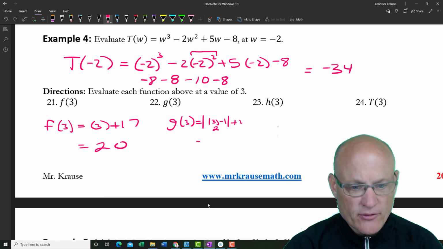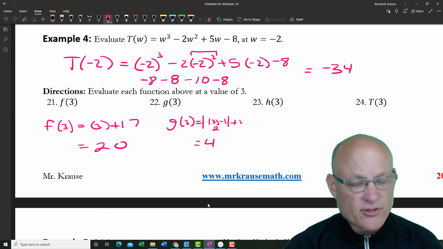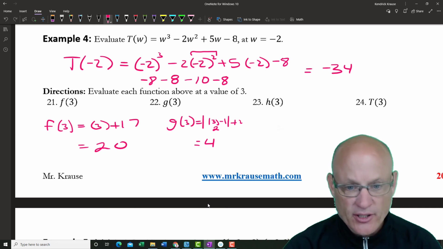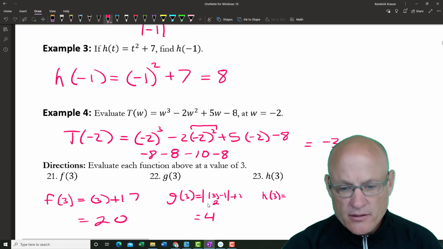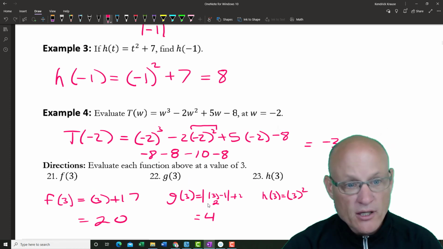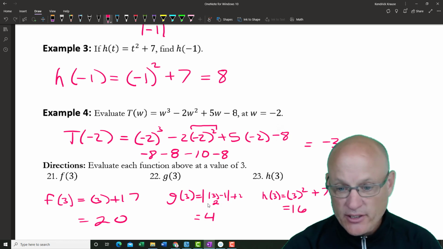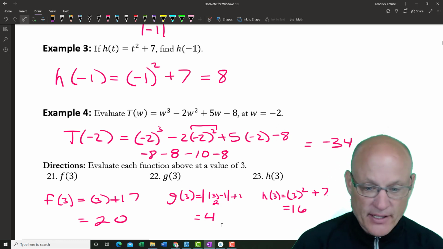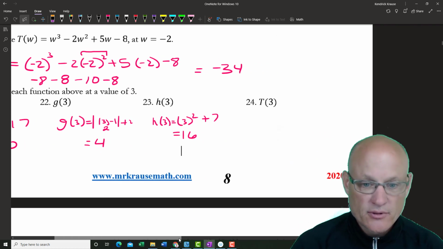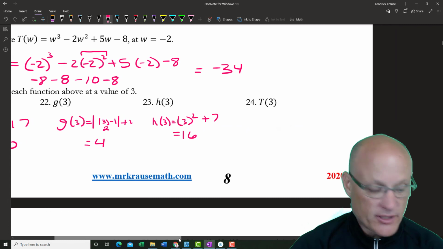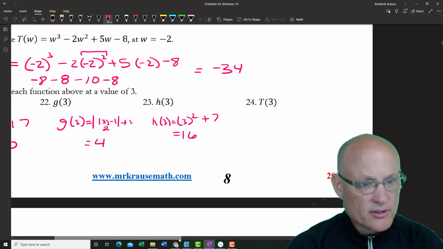2 plus 2 is 4. h of 3, the h function says 3 squared plus 7. 9 plus 7 is 16. And t of 3, oh man, this one's going to be a pain. Sorry about this. So this is definitely where we want to use your calculator. Let me take a look. Oh, I got it right there.